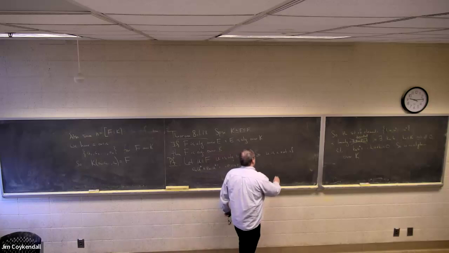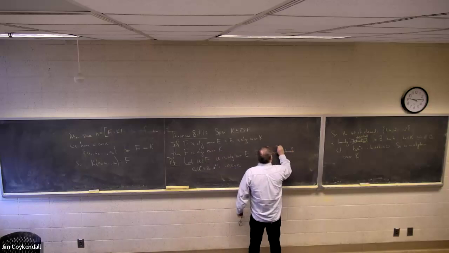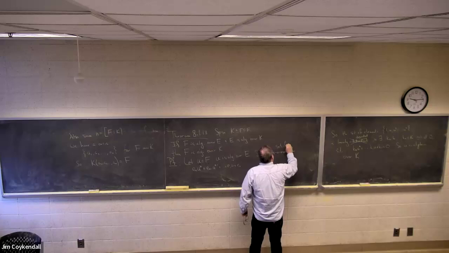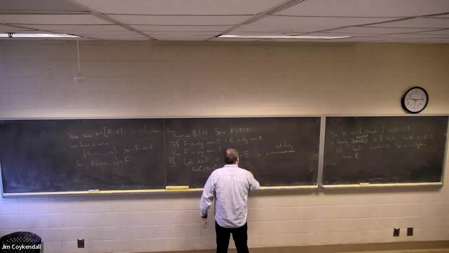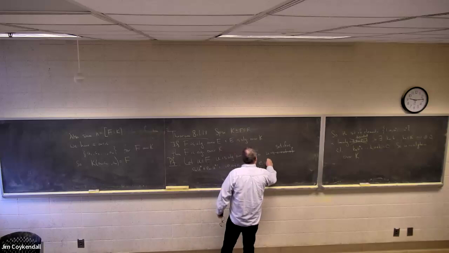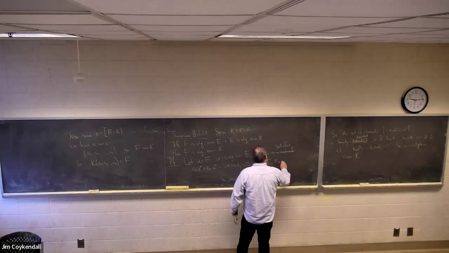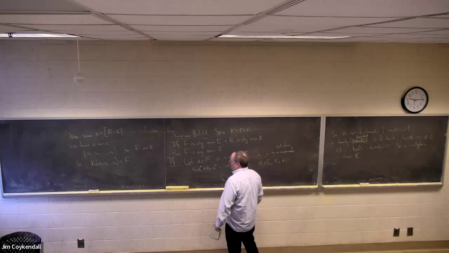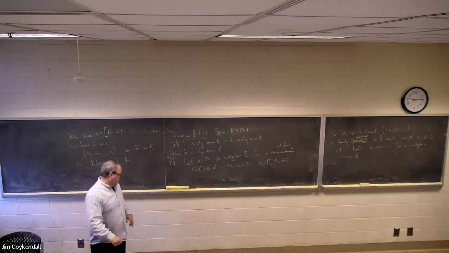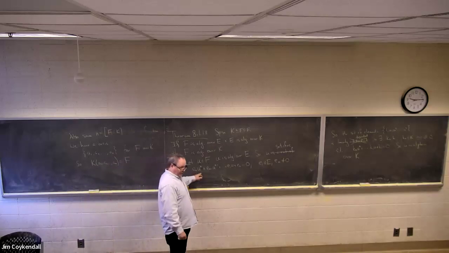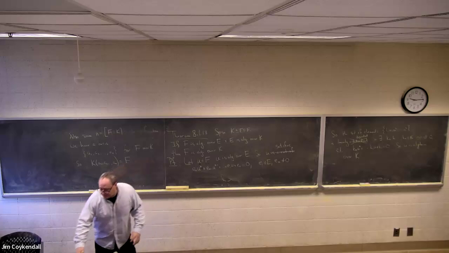It satisfies this relation with the E_i in E and E_n non-zero. Again, I want this to be not the zero polynomial, and I might as well take E_n to be non-zero, because otherwise, why would I have started it there?